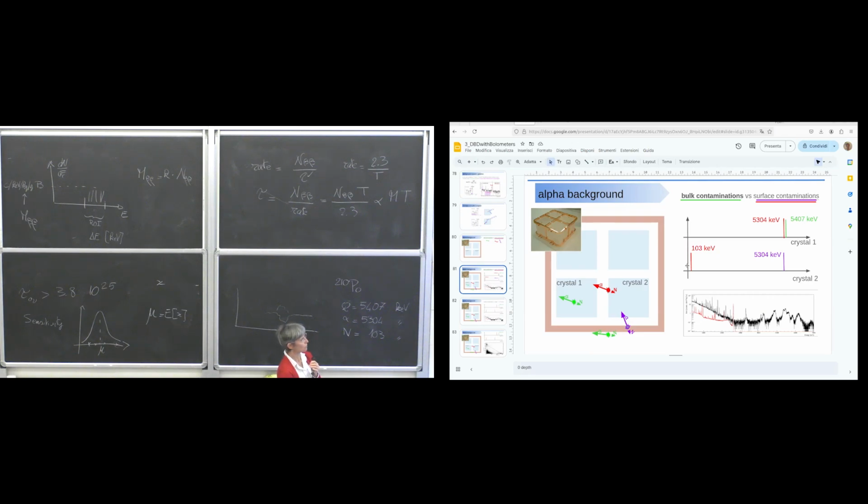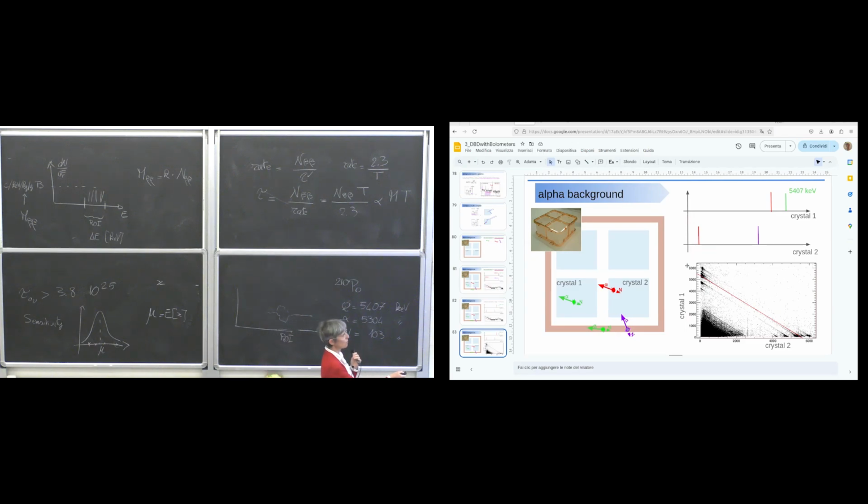Yes, they produce one point in the scatter plot and two events, one for each crystal. So this event produces in crystal 2 the red event that is the nuclear recoil, and in crystal 1 this event that is the alpha energy. When I combine the coincidence in my scatter plot, I get a point that is quite close to the axis. Yeah, exactly. Okay, I wanted to make sure.